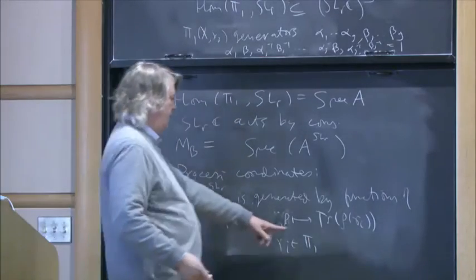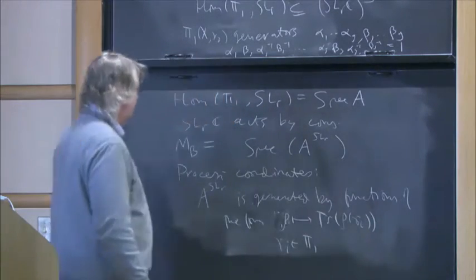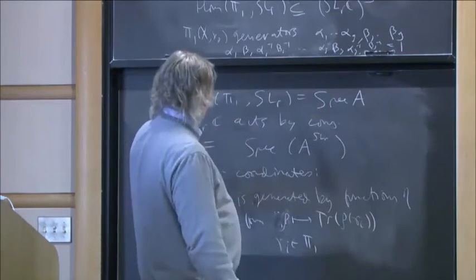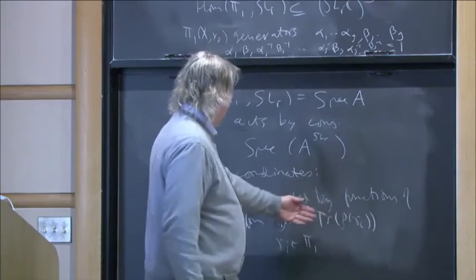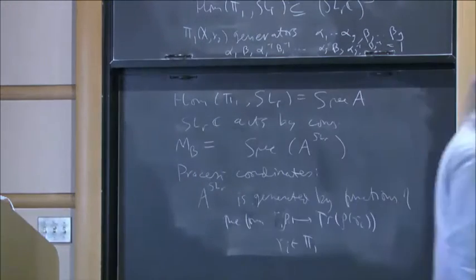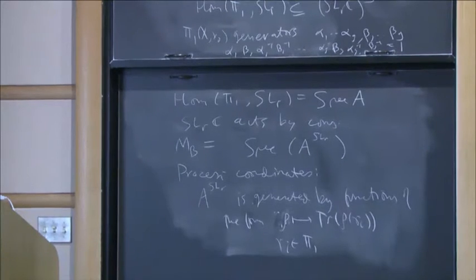So for every group element, we get a function trace of the representation, and these are viewed as characters of the group. That's why it's called the character variety.